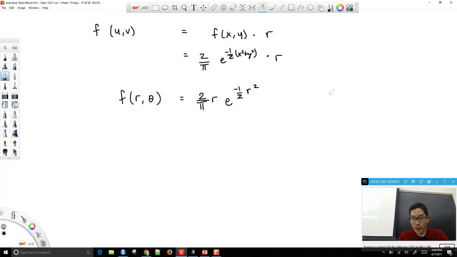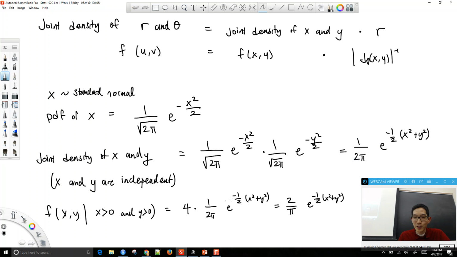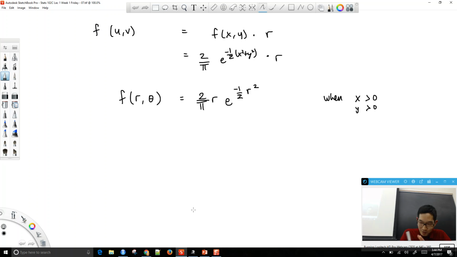For when x is positive and y is positive, I should keep in mind. Okay, so just for a little bit of correctness, that's what we have. And then likewise, it feels a little silly that this is what we did, because I said I should have kept this, and I multiplied it by 4, and we can do something similar for all of the 3 other quadrants, and they all end up getting the same thing.